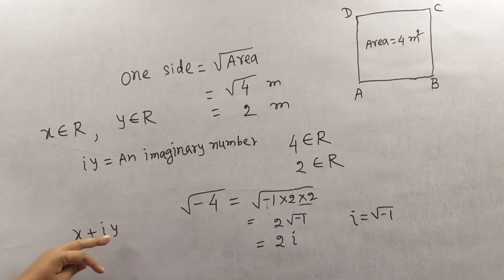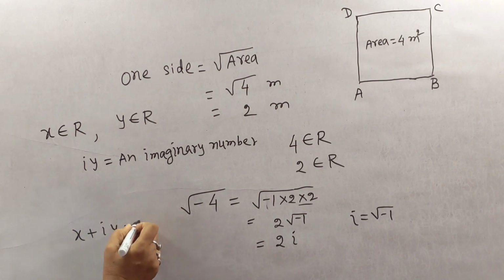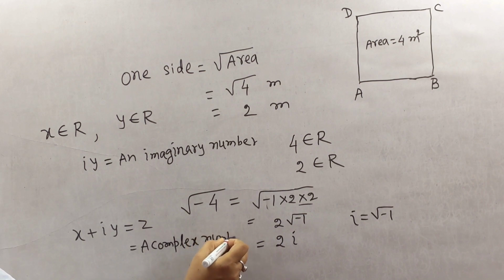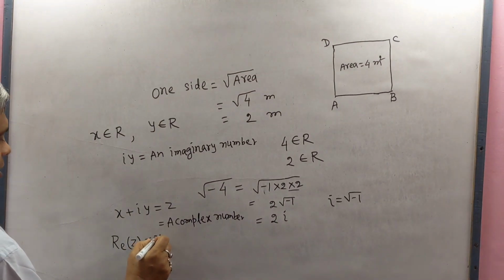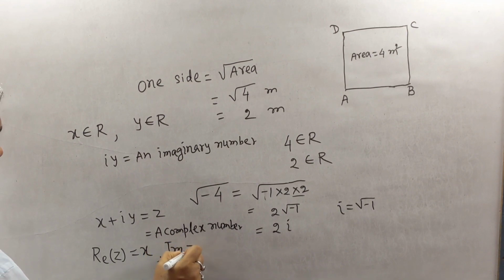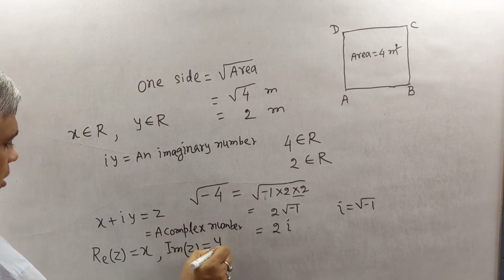So combination of real and imaginary is called a complex number. This equal to z equal to a complex number. We write the real part of z, Re z, real part of z equal to x, and imaginary part of z equal to y.